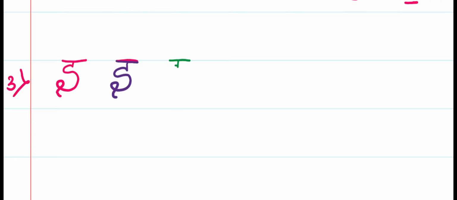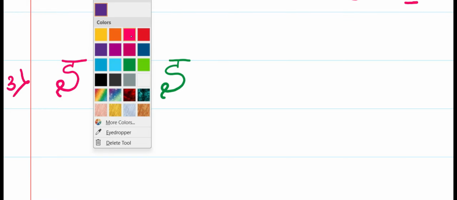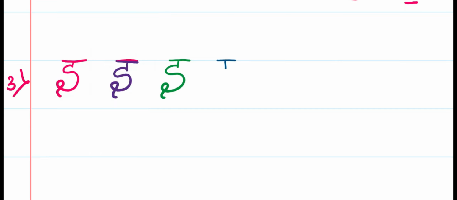A horizontal line, an S, and a loop. I hope you have written it down in the book as shown on the screen.